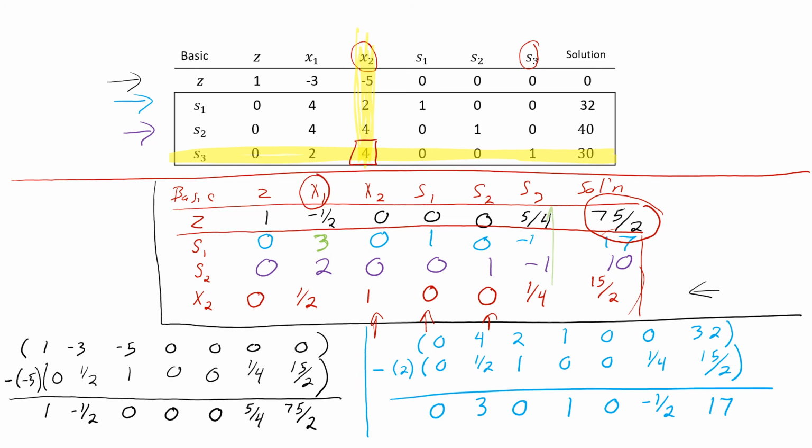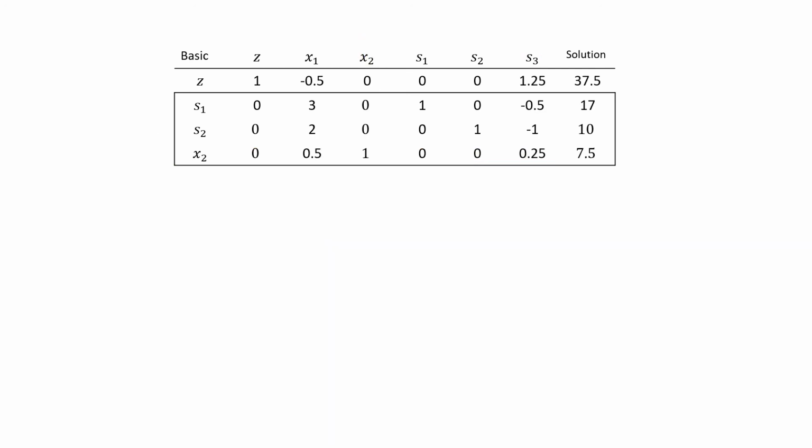What about our leaving variable? Well, we have to do those ratios again. So you do the ratio of 17 over 3, 10 over 2, and 15 over 2 divided by 1/2. Oh, here, I've redone it here.